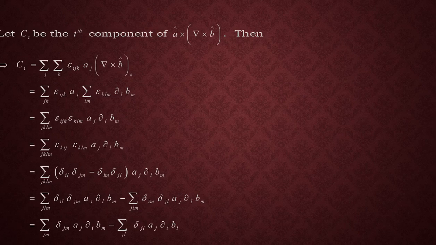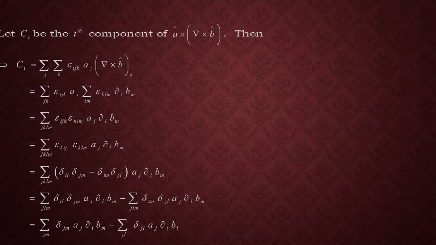Here the indices j, k, l and m take the values 1, 2 and 3. Now let us write all the summations together. Instead of writing 4 summations for j, k, l and m, we write only one summation over these 4 indices.